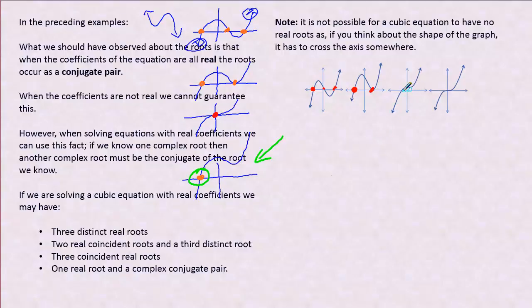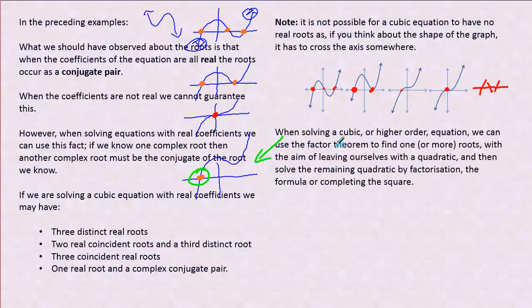This one here only has the one real root just here, and this one here has a point of inflection that's actually on the axis, and we consider that to be three real roots. For a point of inflection, we consider that it crosses the axis, crosses back, and then crosses back again, all at the same point. So that's three roots which are all the same.